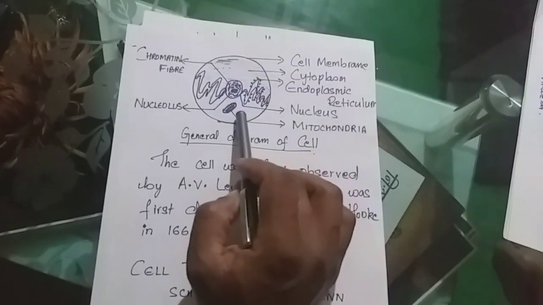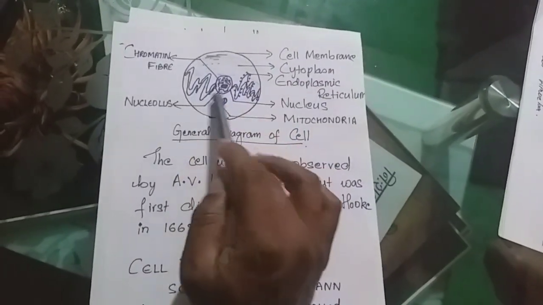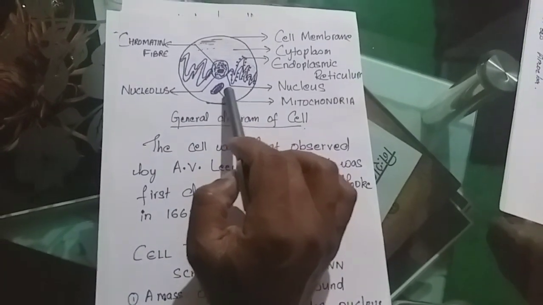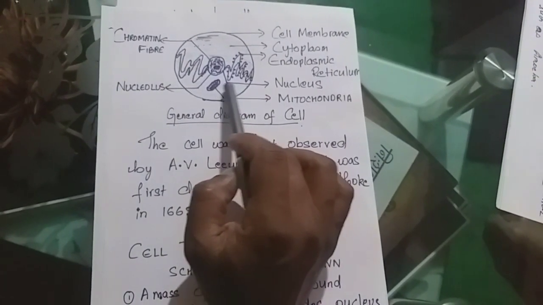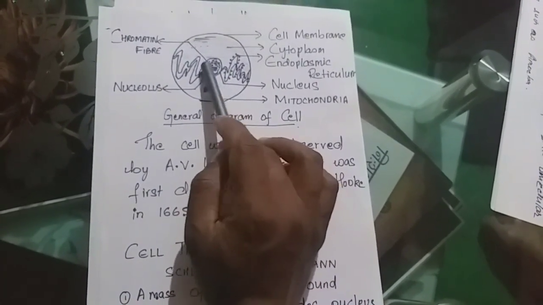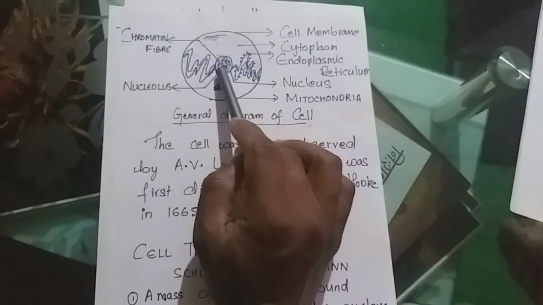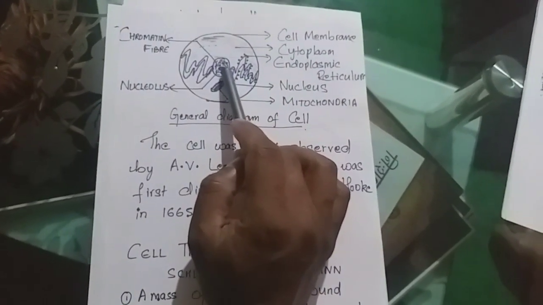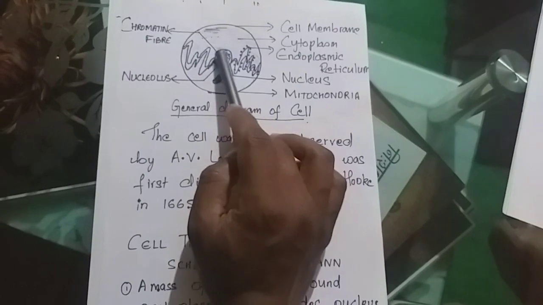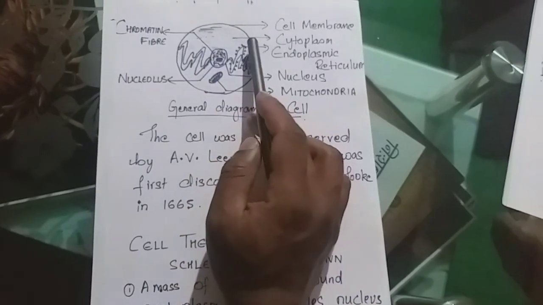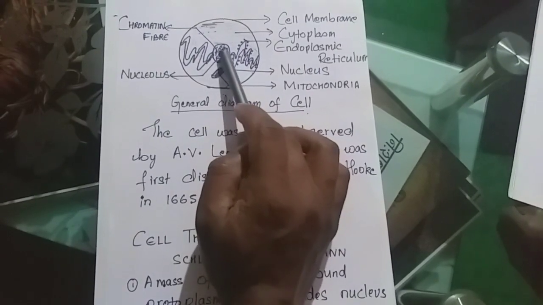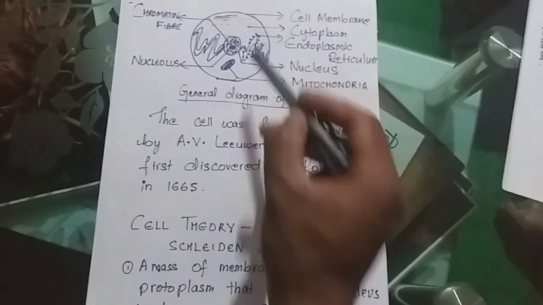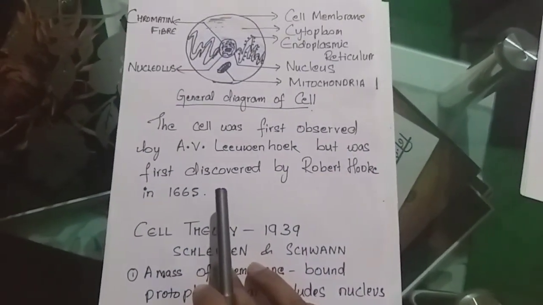Some important parts are the cell membrane, the outer covering membrane; the cytoplasm, the inner matrix fluid; the rounded separate structure present inside the cell, that is the nucleus; and the thread-like structures inside the nucleus, that is chromatin fiber. These are the four most important parts of the cell.